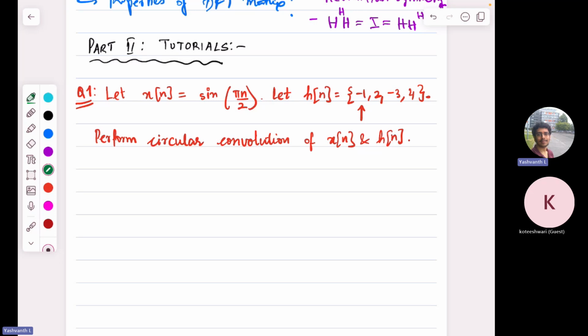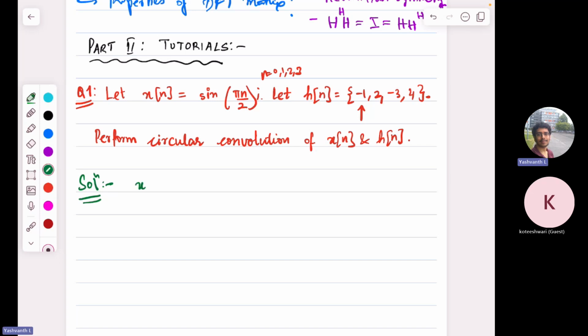So let's solve this. First of all, we need to find what x of n is. I should also mention n equal to 0, 1, 2, 3. So this is defined only for n equal to 0, 1, 2, 3, only four samples of this sinusoidal signal.